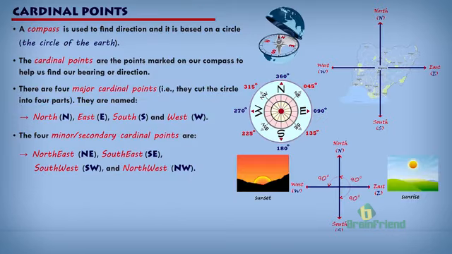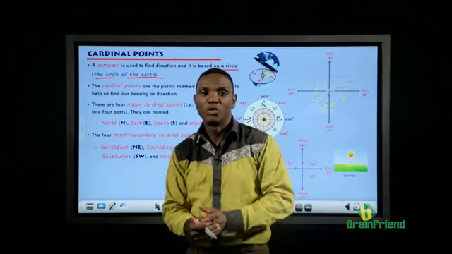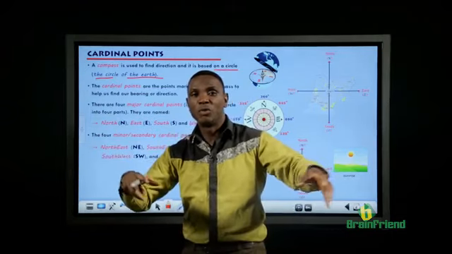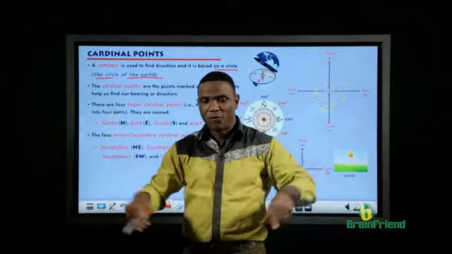Let's go on to learn more about bearing. Now, the compass that is used in finding bearings is based on a circle. The circle, of course, is a rough depiction of the earth. The earth that we know is circular. So we need to find positions of people or things within the frame of a circle.